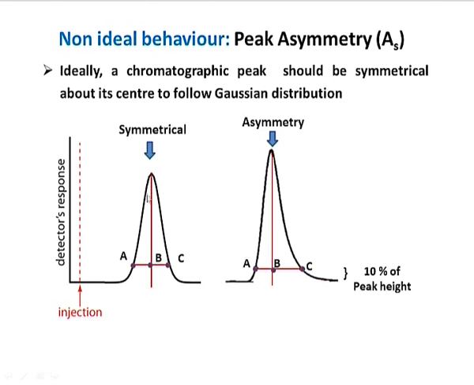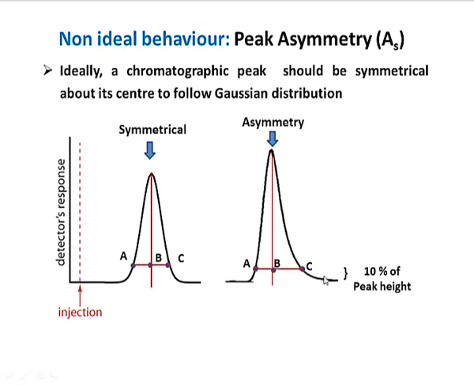You just draw a vertical line from the apex of your peak, and this apex should split the peak width into two equal halves. What I am saying here is that this AB should be equal to BC. If that happens, your peak is symmetric. But in several cases, once you note this AB and measure it, you realize this AB is not equal to BC, and all such peaks where AB is not equal to BC, we call asymmetric peaks.